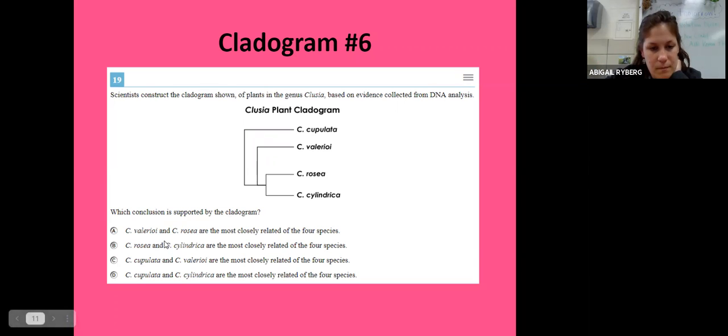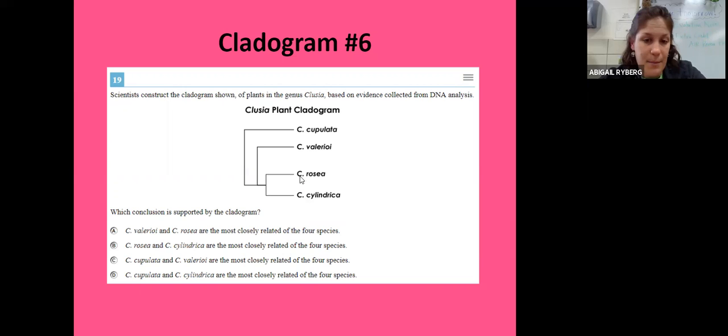So as you look through the answers, they're looking for the organisms that are the most closely related. I know right off the bat, without even looking at the answers, that these 2 are the most closely related.